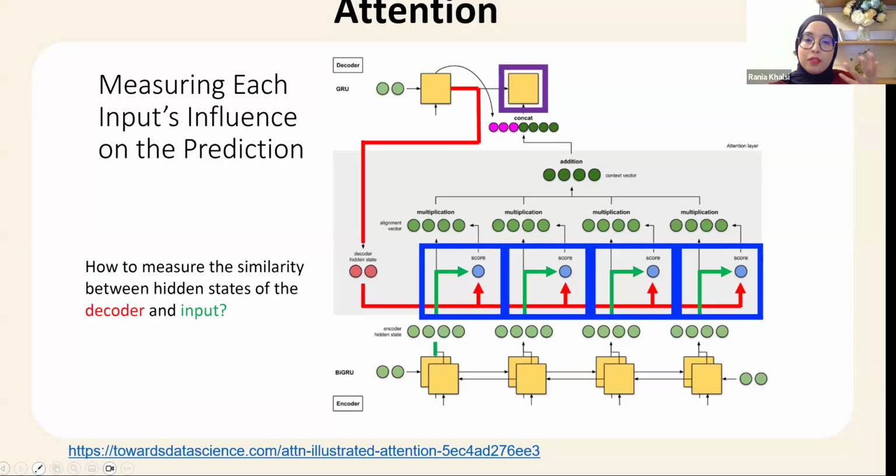So the concept of similarity is very important and central in many machine learning models. And here the similarity gives us a correlation between the decoder hidden state and the encoded input, or the encoder hidden state as well. So now the representation is mainly given as an encoder hidden state.